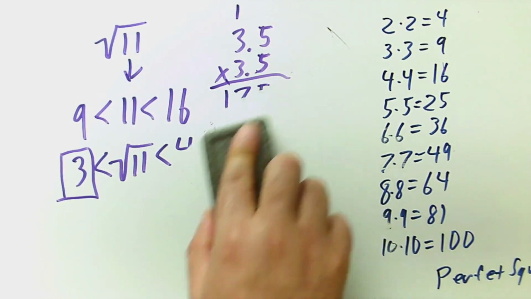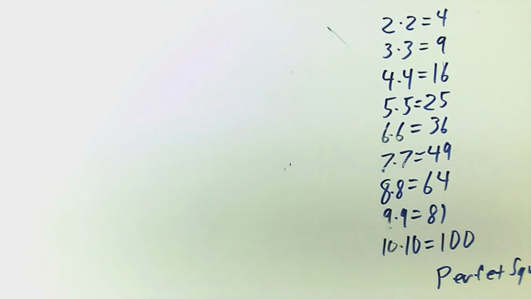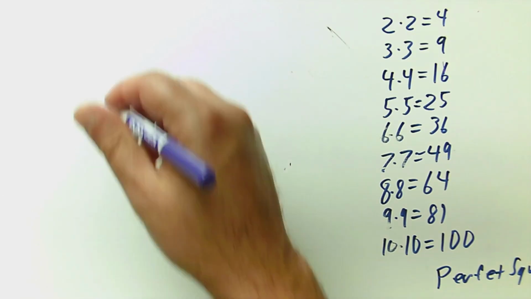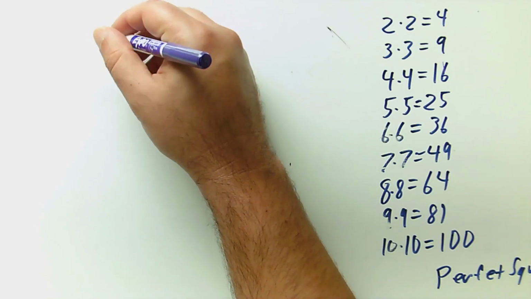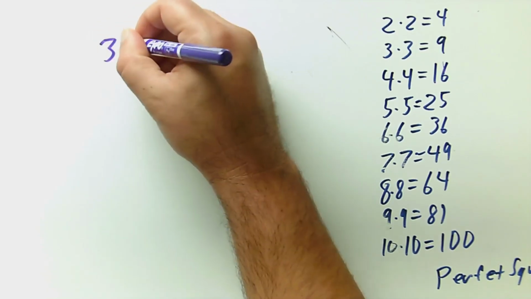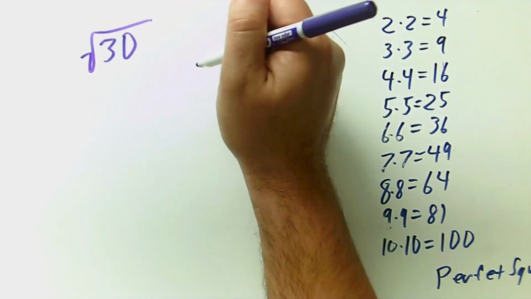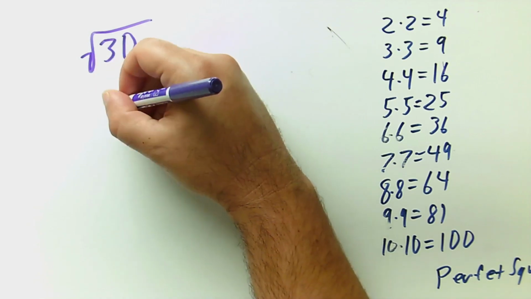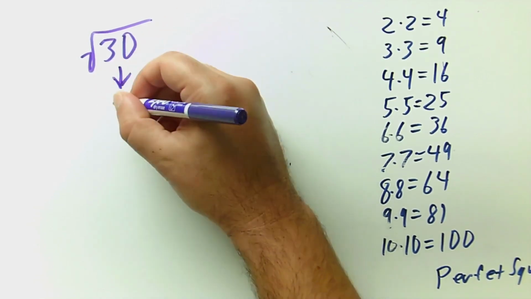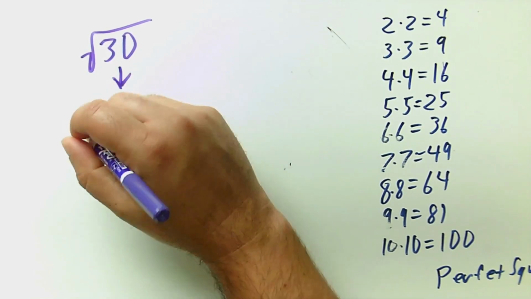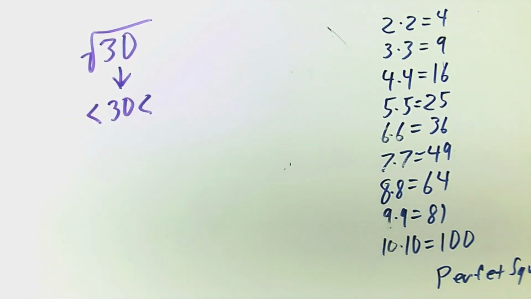Let's do one more, and we're going to round off to the nearest decimal number. So let's do 30. Square root of 30. So we're going to take 30 out. We know it's going to be in between. Let's first find the closest whole number.